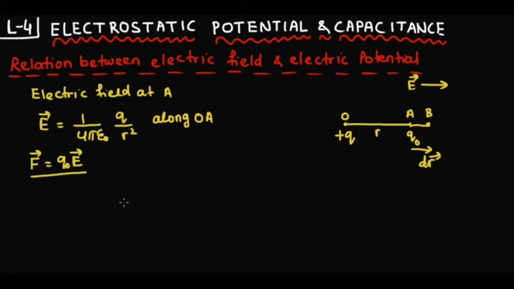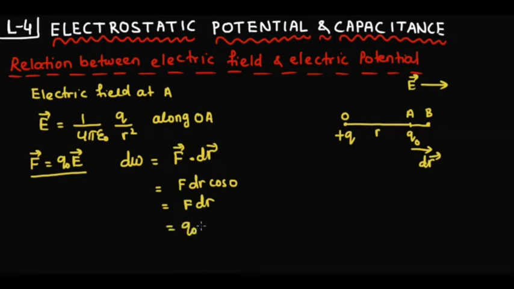Now tell me, what is the work done by this electric force to displace the test charge from A to B by a small displacement dr? The work done dW is equal to F dot dr. Here force and displacement are along the same direction, so I can write F dr cos 0, that is equal to F dr. What is F?